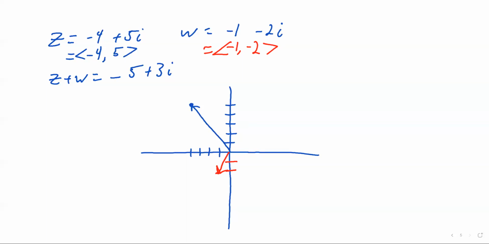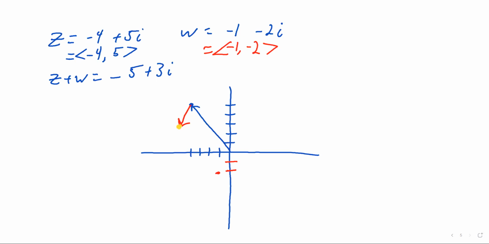Maybe I can do it with this icon. You're literally going to take this vector and take its tail and connect it to its tip. Which then tells me that my Z plus W should land me right here.